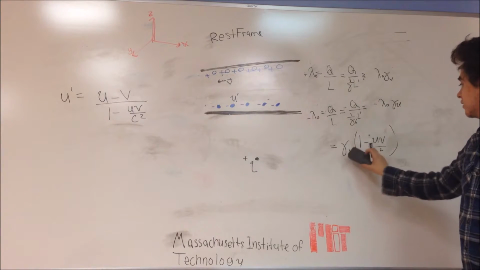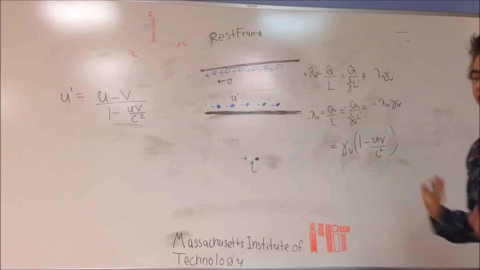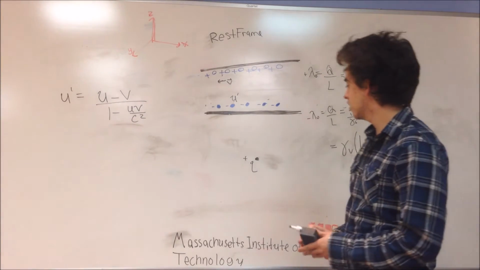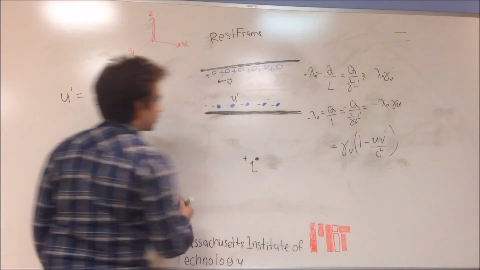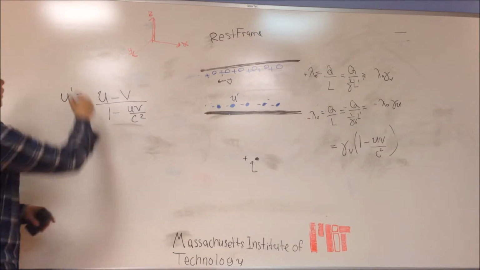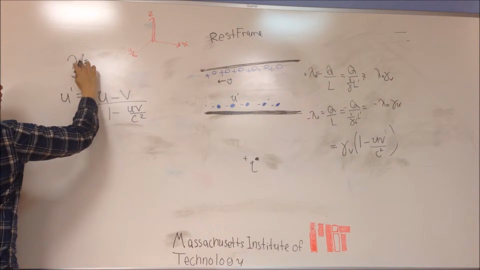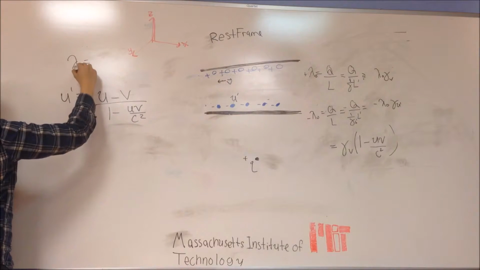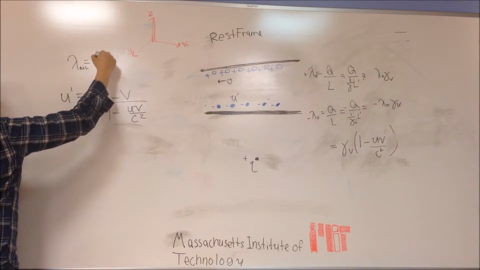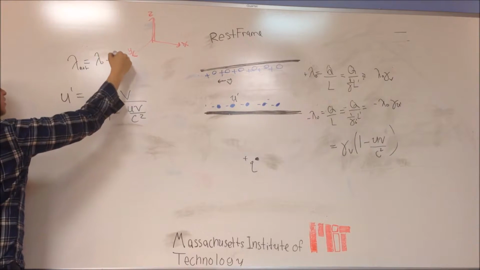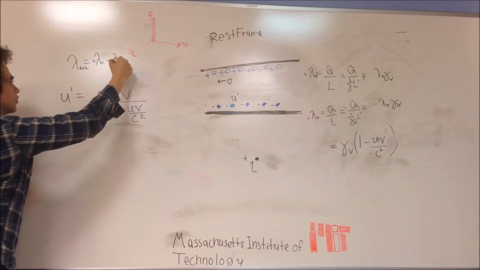So now we have this, and now we can find out what the net charge on the wire is going to be. In the lab frame, the net charge density was positive lambda minus lambda, which was 0.